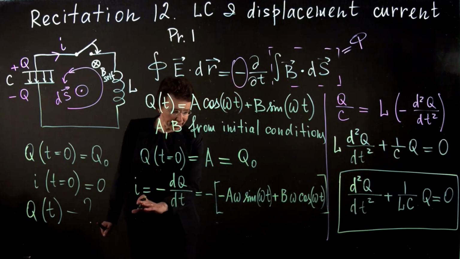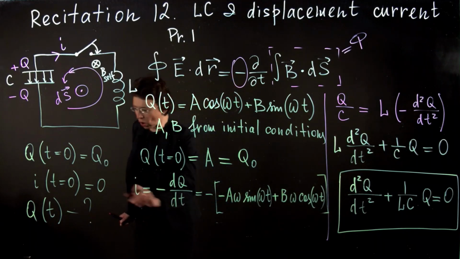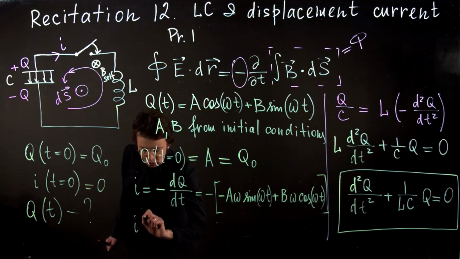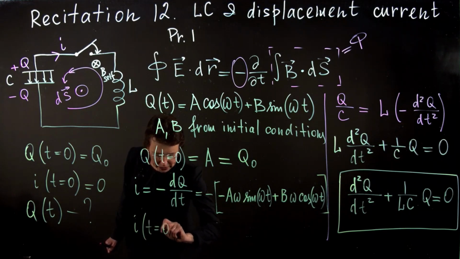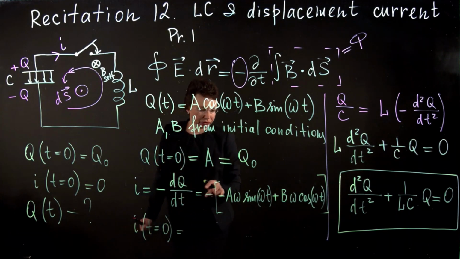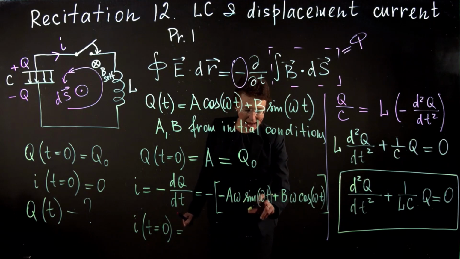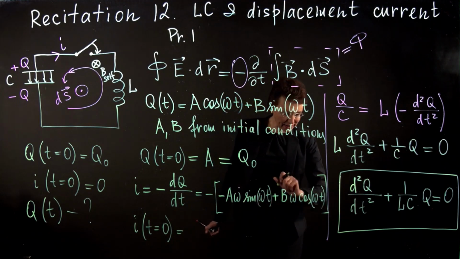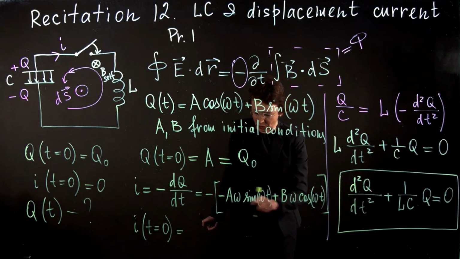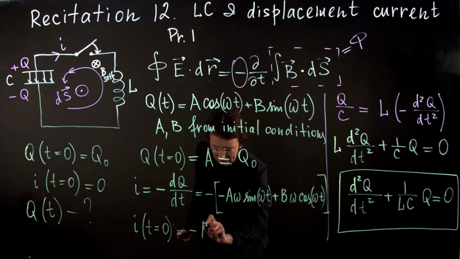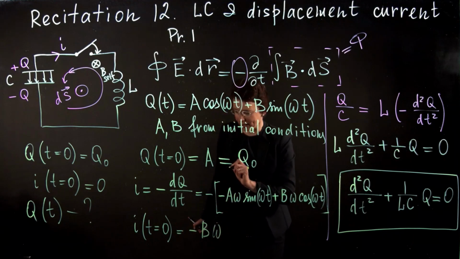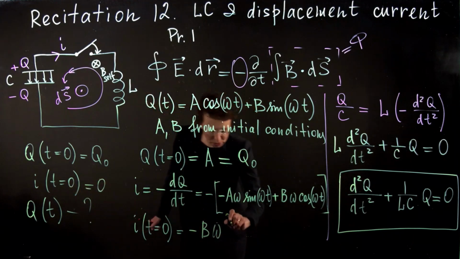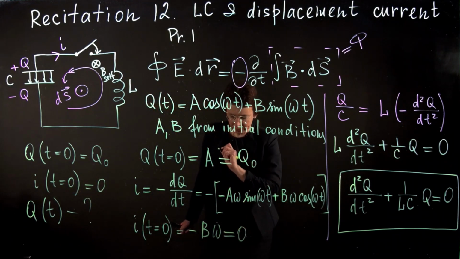This is I, current, and now I apply the initial condition. Current at time moment 0: sine 0 is 0, cosine 0 is 1, so I have minus B omega, and current at time moment 0 was 0.